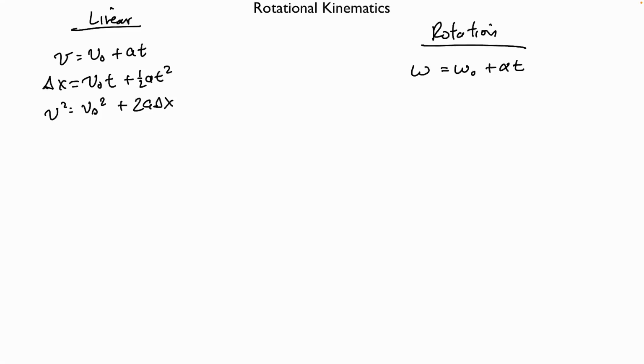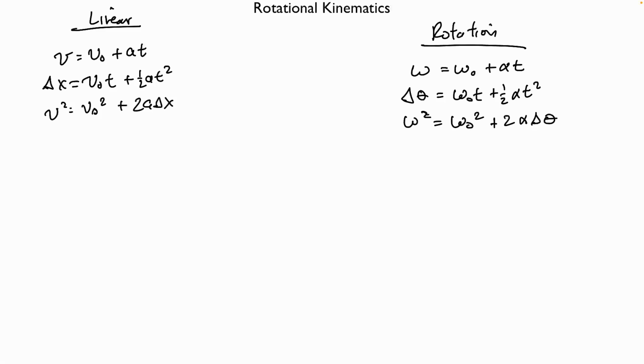Instead of delta x, instead of a linear distance, what distance are we going to use this time? Delta theta, good. Delta theta equals omega naught t plus 1/2 alpha t squared. And then, not a V, omega final squared equals omega initial squared plus 2 alpha delta theta.